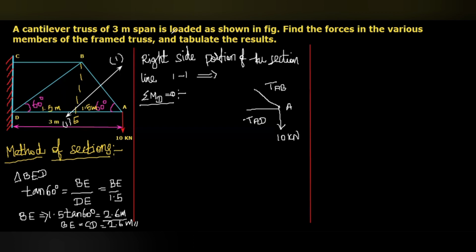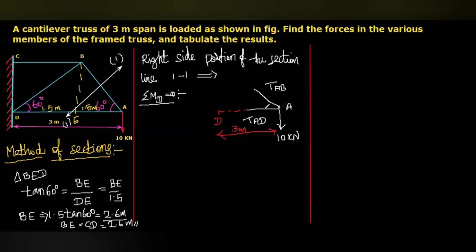Actually, here you can see that point D is where we are going to calculate the moment. From the point D, you can see the point A is at a distance of 3 meters.